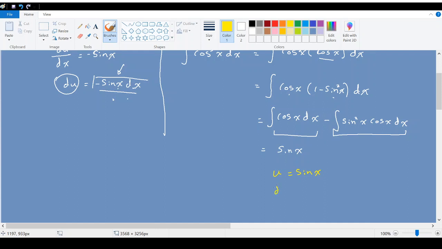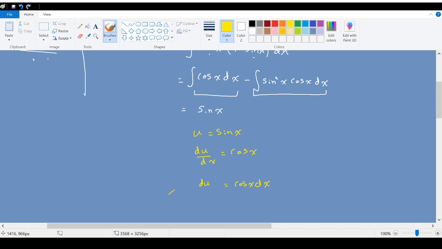The reason is, to substitute in place of dx, we need this calculation: u equals sine x, and then du is equal to cos x dx. And now see, in this integral, we do have the cos x dx term.